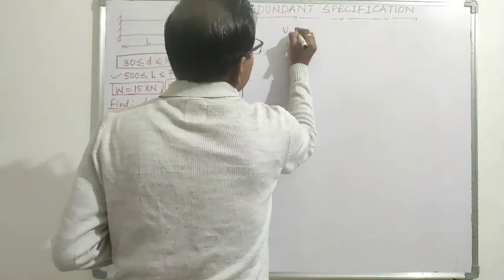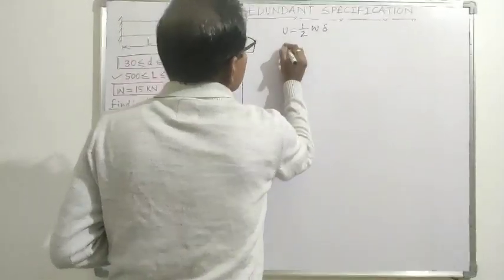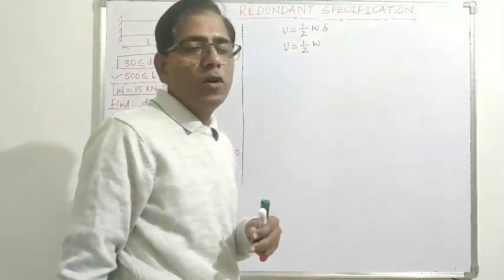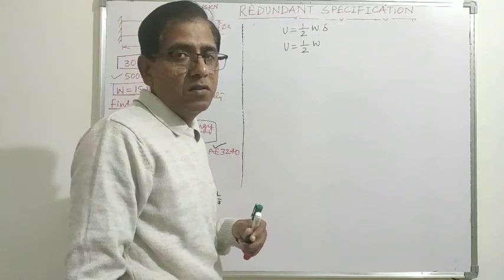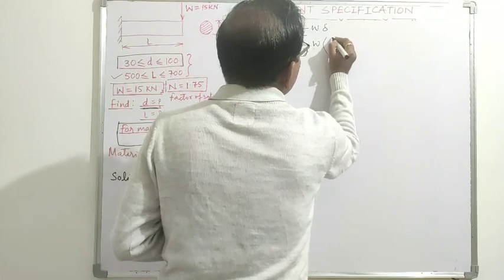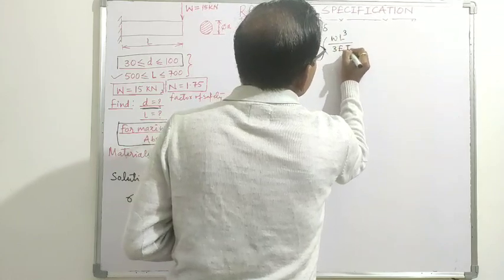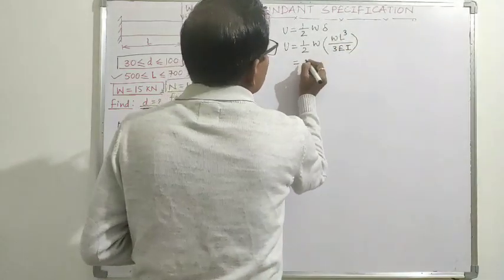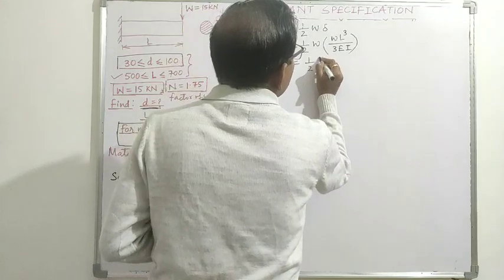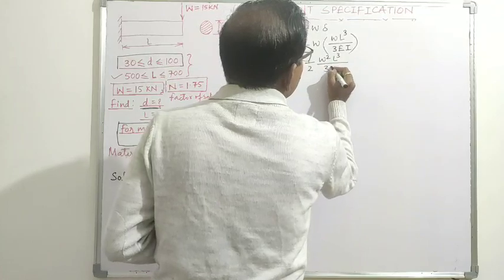So the maximum energy absorption U is given by 1/2 W δ. We know δ is WL^3 upon 3EI, so δ is replaced by WL^3/3EI. So this is nothing but 1/2 × W²L³/3EI.